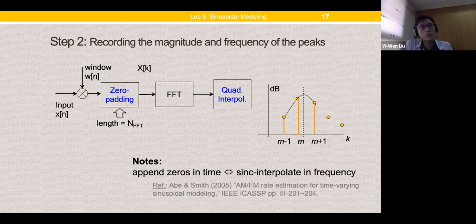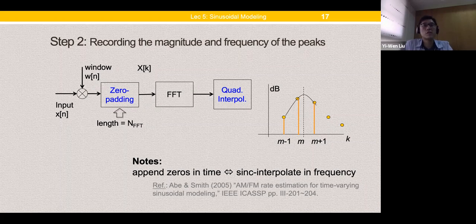But here we also suggest zero padding, and the reason is that the number of points we are looking at in the Fourier transform is exactly the same as the length in the time domain. Even though adding zeros does not increase information, there's a benefit: when you add zeros, you are looking at more points of the DTFT of the signal.